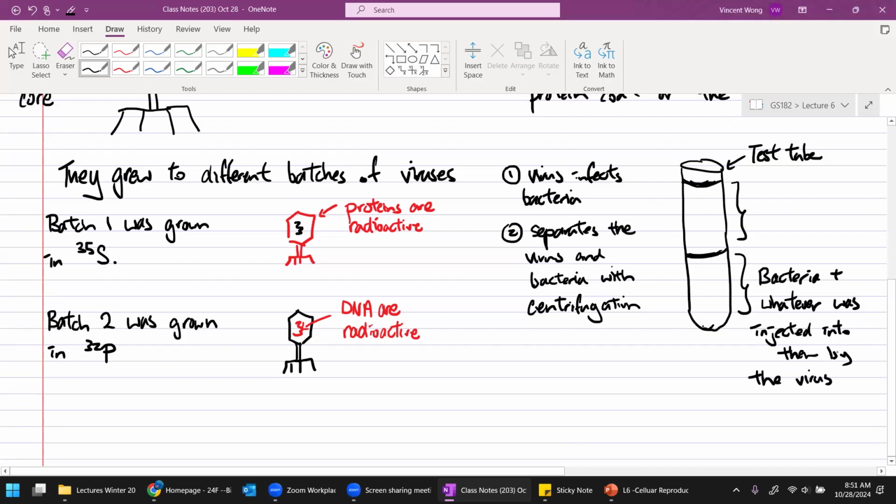Okay, because it's now part of the bacteria, right? Whether it was the protein that got injected or the DNA that got injected, it is now part of the bacteria, so it's going to sink to the bottom. And the top here is just the virus. Part of the virus that was not injected.